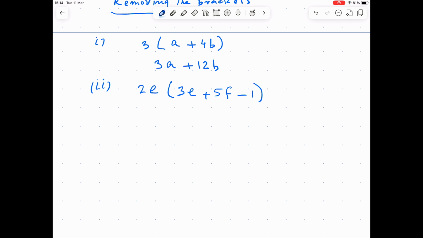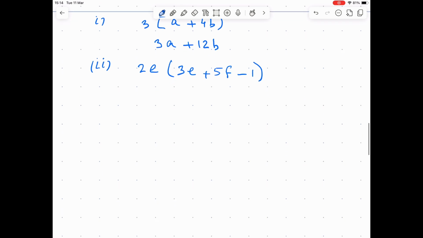So similarly as the first one, 2e multiplied with 3e will be 6. Remember, e times e is e squared. And plus 2 5s are 10. And then e times f will be ef.